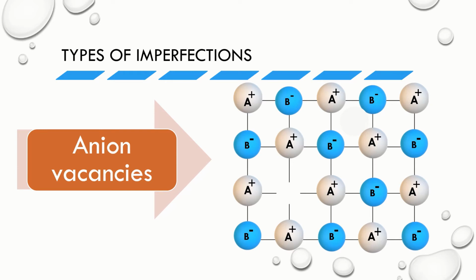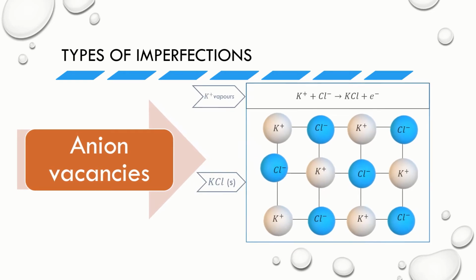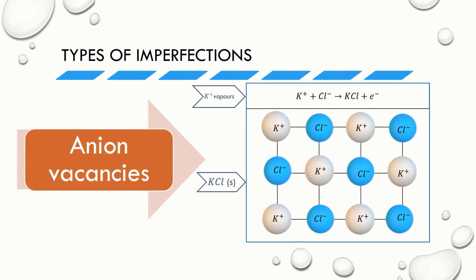Here, F stands for Farbe, which is a German word for color. For example, when we heat KCl in an atmosphere of potassium vapor, the excess potassium atoms deposit on the surface of the KCl crystal.